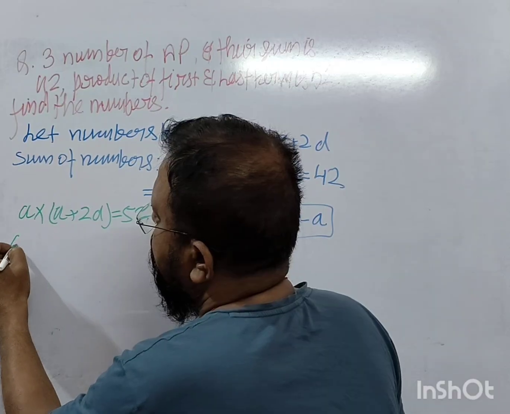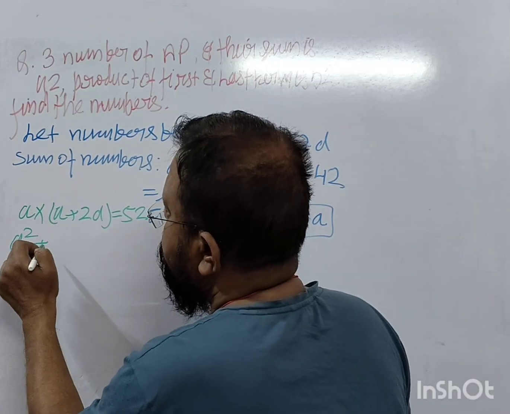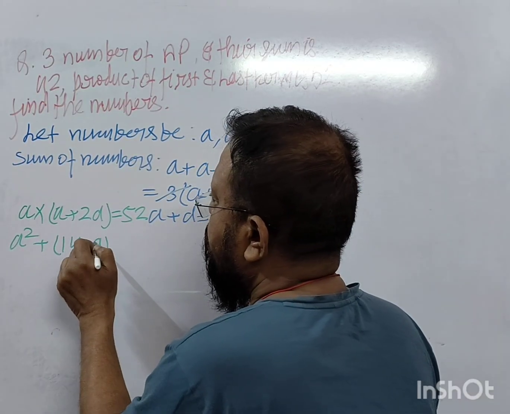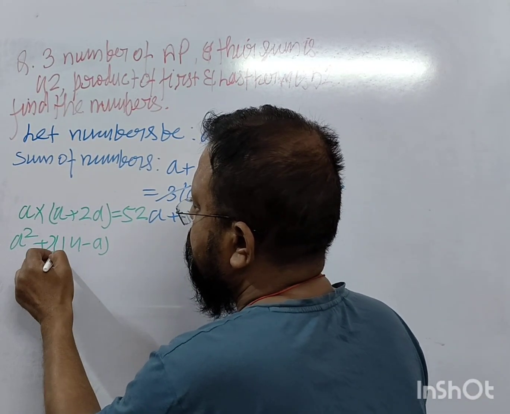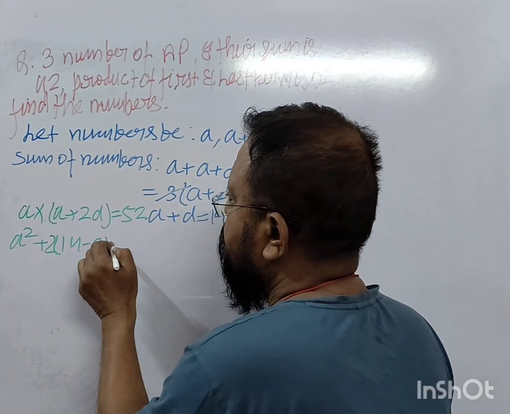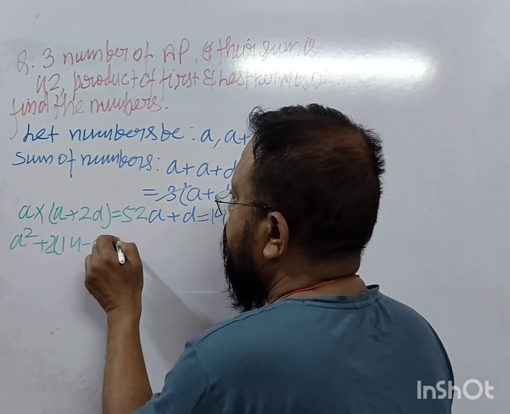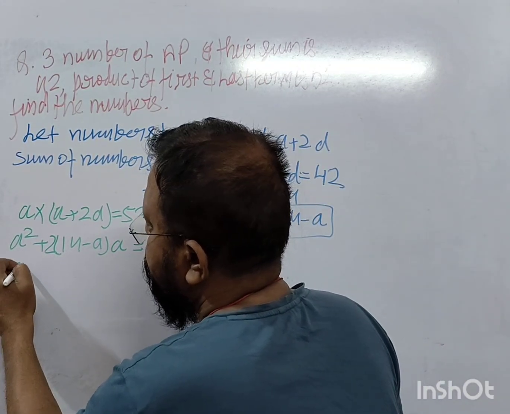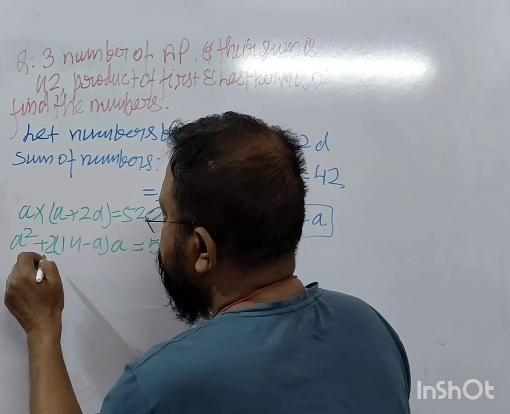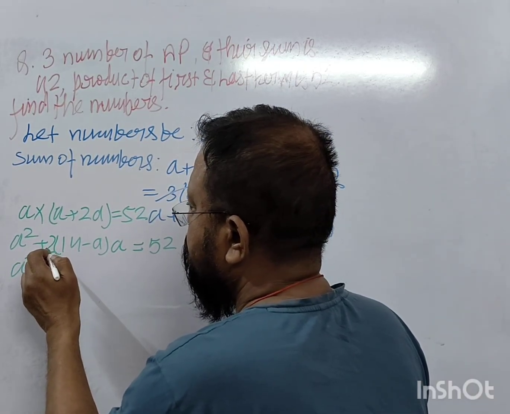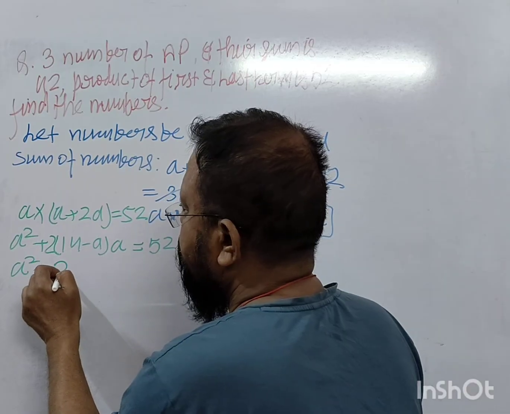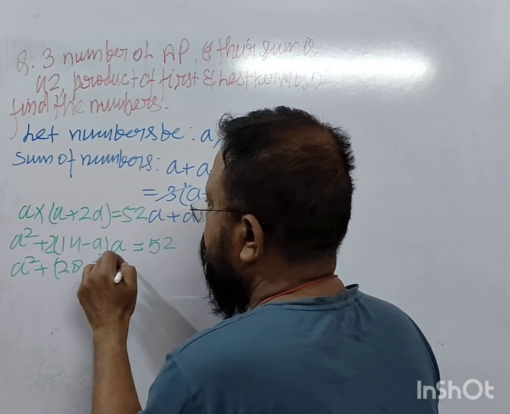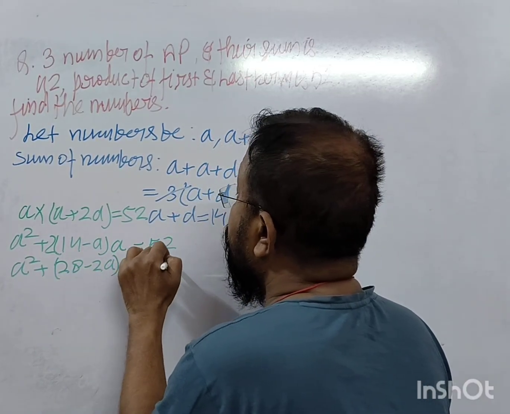So it is a square plus 14 minus a, it is 2, a is equal to 52. So it is how much? A square plus 28 minus 2a into a is equal to 52.